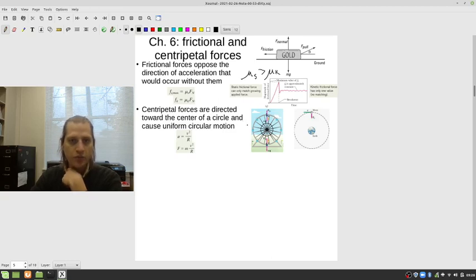And in chapter 6, we also talked about centripetal forces, where the force is always towards the center of the circle, and that's not a separate force. It's not a separate force like friction or tension or gravitational force. It is just whatever net force happens to be acting on your object to keep it pushed towards the center of the circle.